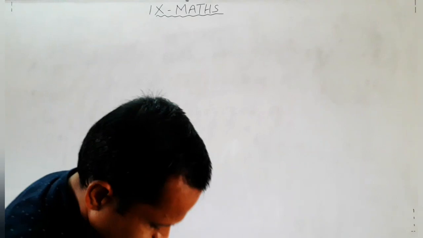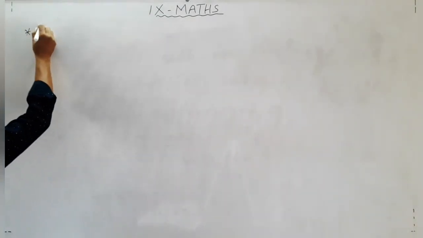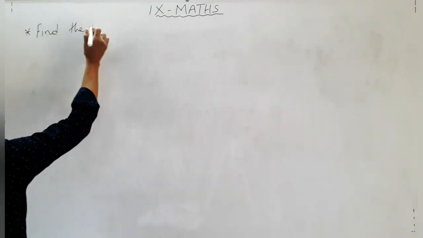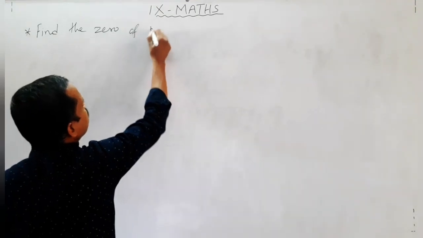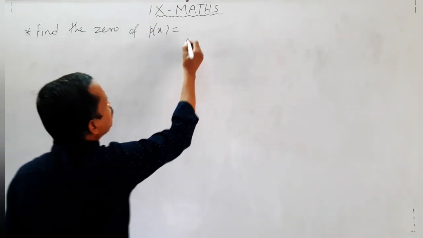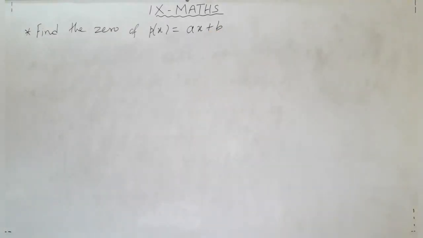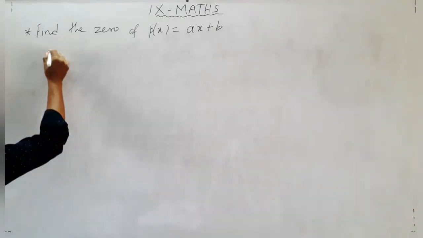This will help you to find, for example, the 0 of p of x equal to ax plus b. Suppose it is given like this. The polynomial p of x equal to ax plus b, and they are asking to find the 0 of the given p of x. So how to do this?